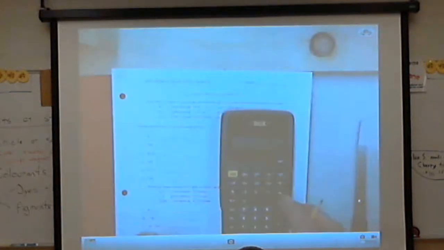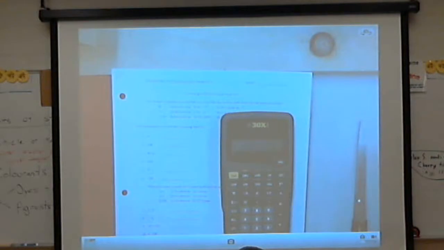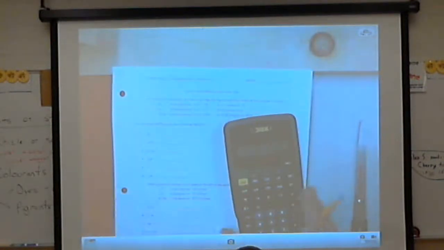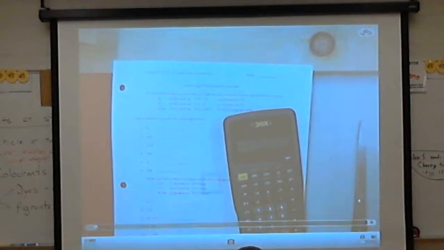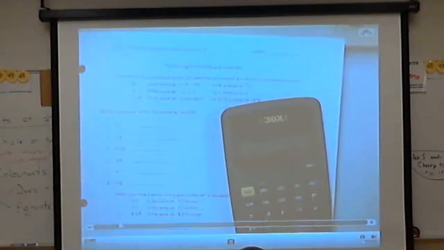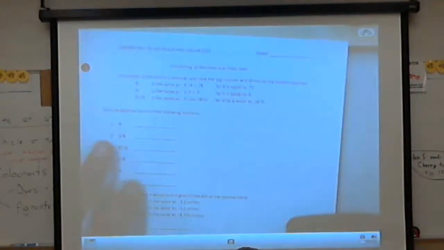A lot of times, unless you have a scientific calculator, your calculator can't really handle fractions, and it's also easier to deal with decimals rather than fractions. So what's the technique that we use when converting fractions to decimal? Just divide. Divide them, right? So you look at it like an actual math problem.